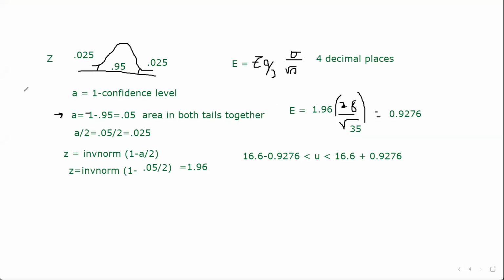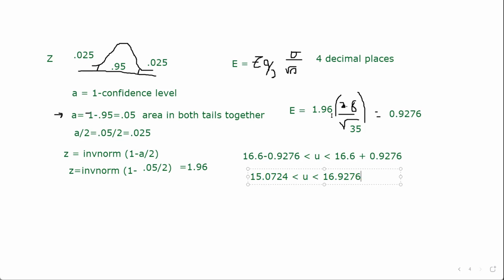This is 15.0724, and that's less than mu, which is less than 16.9276.